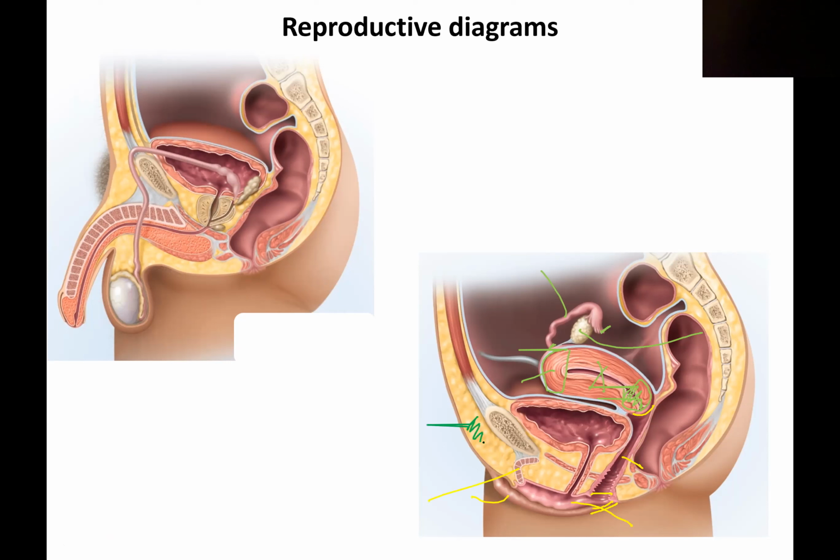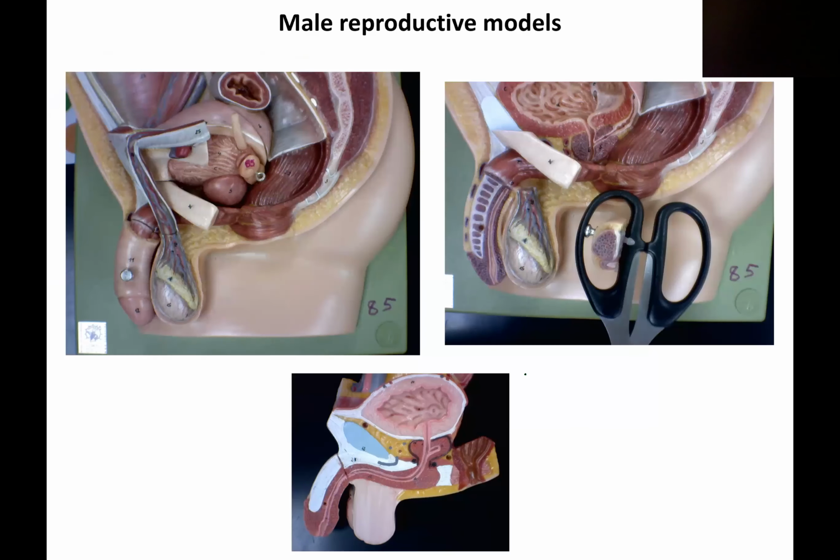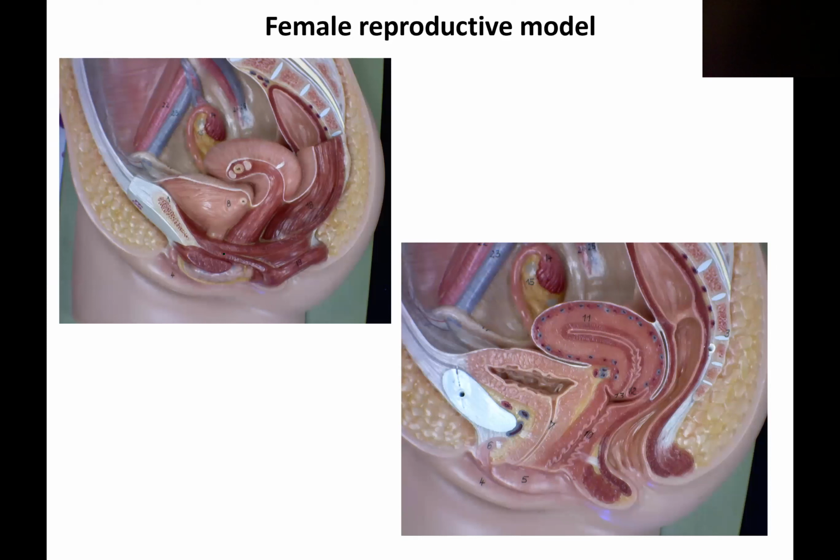And the mons pubis. Okay, you can't see Bartholin's glands in this picture, but you can see them on the models. So here you have one model.